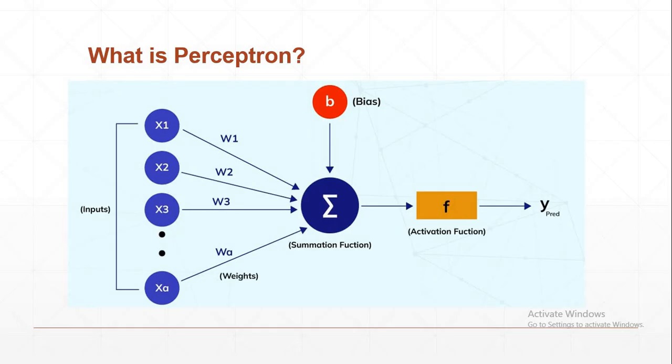This raw data we pass to the input model, and then to the summarization function. The summarization function takes the input, and with each input we also pass a weightage, and we also pass a bias. In the summarization function, we add all these things. After adding, we send it to the activation function. This activation function uses some activation function, and after that it generates the output.